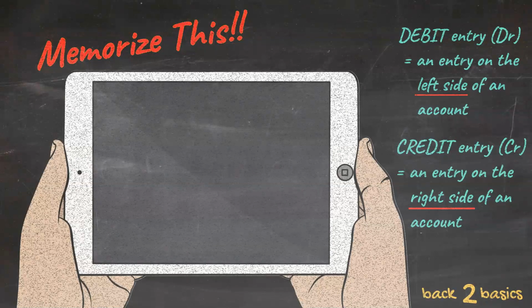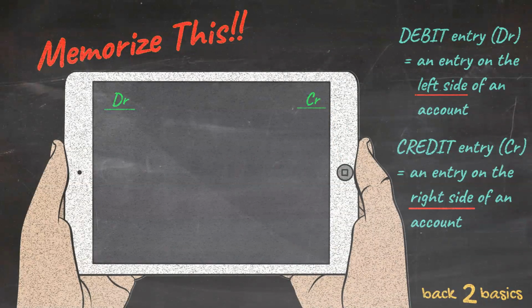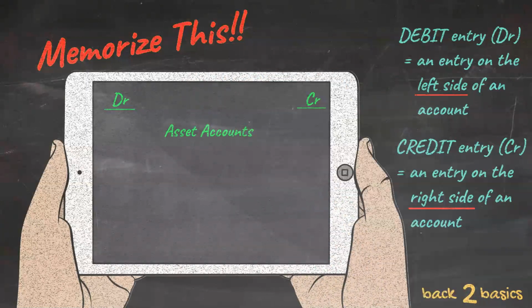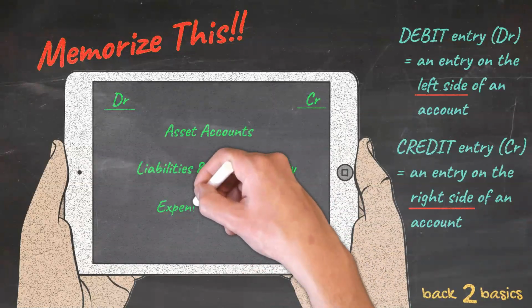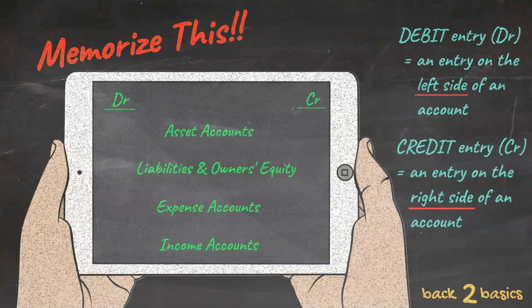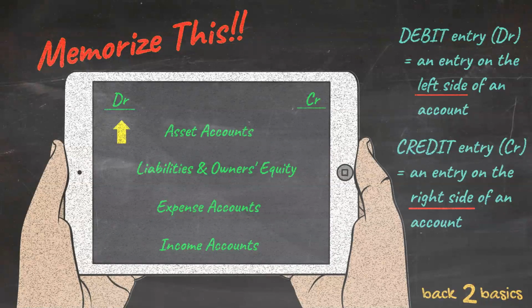Let us then look at the impact of debit and credit entries on the various account types. You will remember that the basic account types are asset accounts, liabilities and owner equity accounts, expense accounts, and income accounts. Asset accounts will always increase on the debit side and decrease on the credit side.